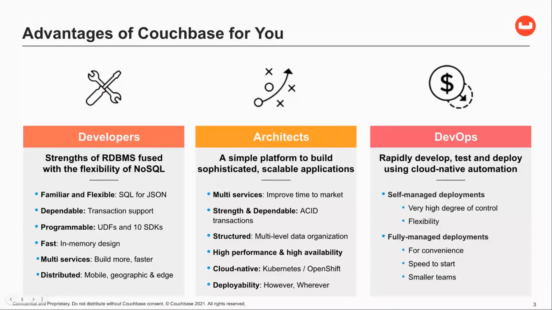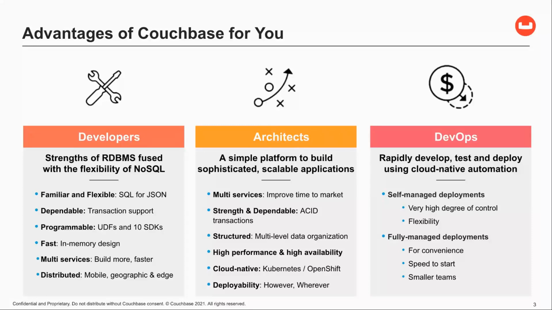So some of the advantages of Couchbase, for developers, it's familiar. We have SQL for JSON, including joins. Dependable, we support ACID transactions. Programmable, we have user-defined functions, change data capture, and 10 software development kits for access. It's flexible. We use JSON.